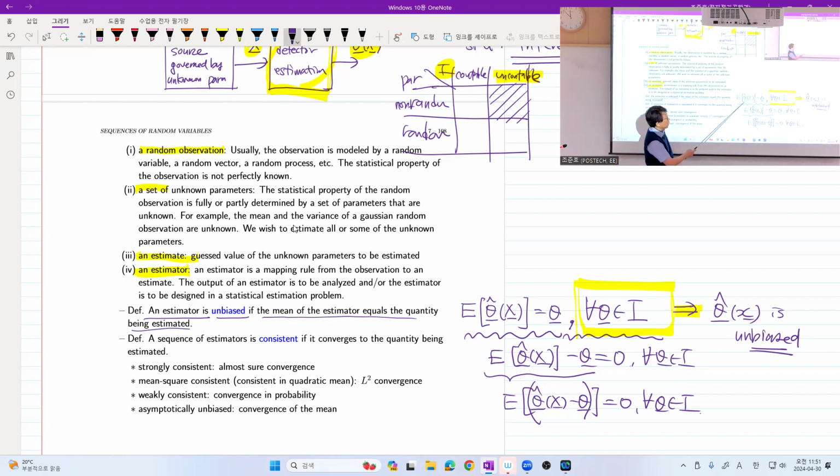Because in many cases, this estimator takes a finite length vector, but that can be easily generalized to different lengths. For example, suppose you use an arithmetic mean, then that estimator can be easily generalized. You just change the denominator and numerator, right? So you may put something like this.